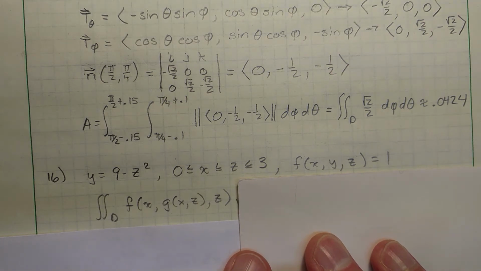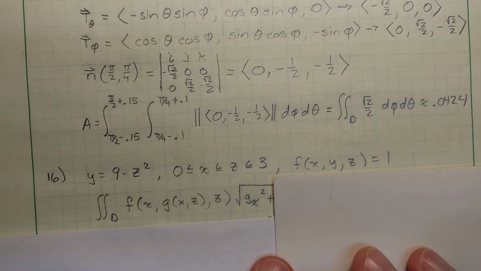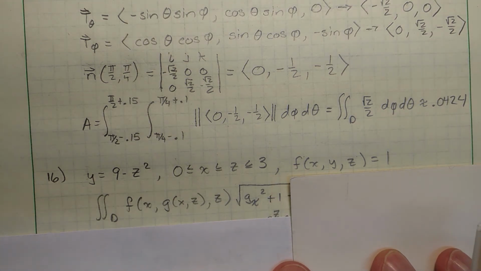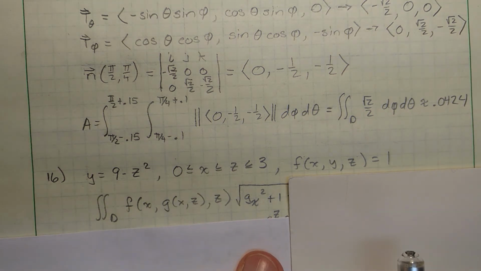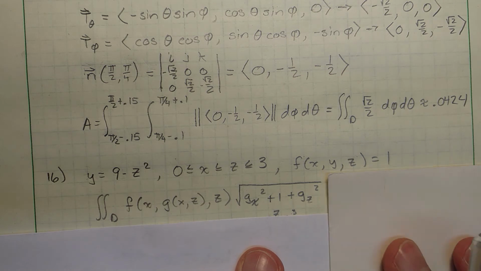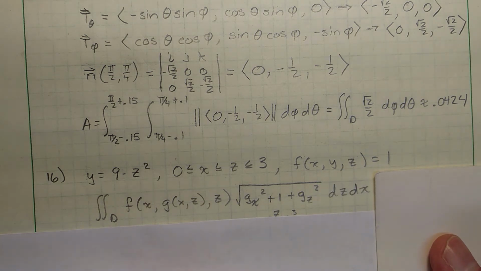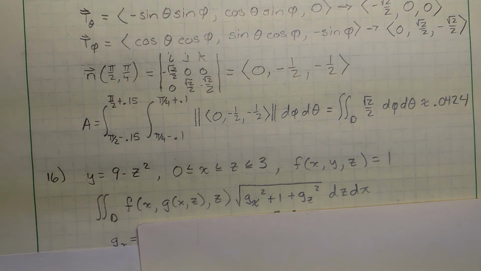Then we'll take our partial with respect to x squared, plus 1, that's our partial with respect to y, which is just going to be 1 squared, plus our partial with respect to z, and we have dz dx. So let's go ahead and substitute in.